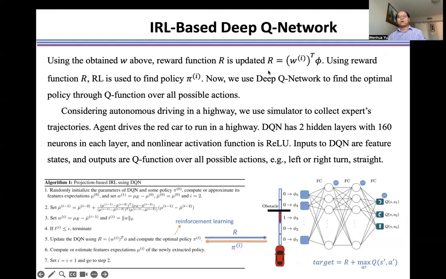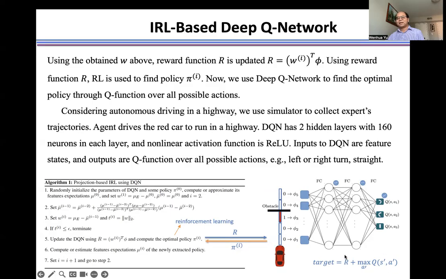Once we have a reward from inverse reinforcement learning, then we can use the Deep Q network to find the optimal policy. Here, if we use the Deep Q network, of course we need to use experience replay to get a stable result. And then we also need a target network. We don't need to train it, we just use a target network to generate a target here.